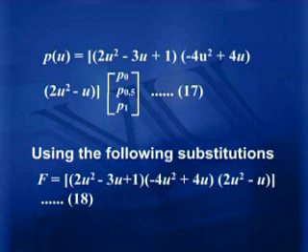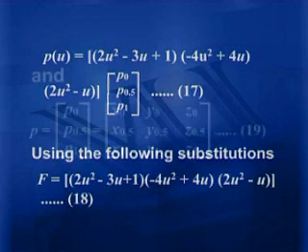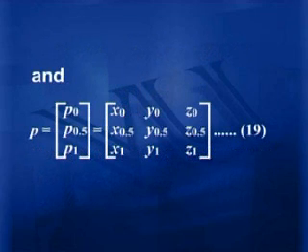Using the following substitutions, we replace the row matrix that appears on the left with F, so F is equal to 2u squared minus 3u plus 1, minus 4u squared plus 4u, 2u squared minus u. Let's mark it as equation 18. And P can be defined as P naught, P 0.5, P1, which would actually be comprising of the individual components x, y and z at all the 3 points.